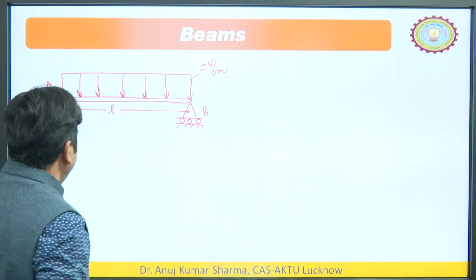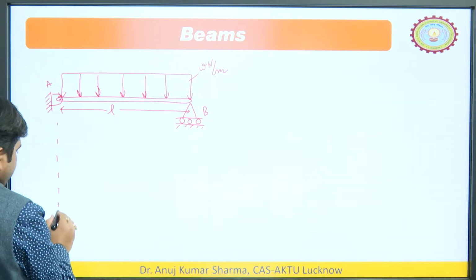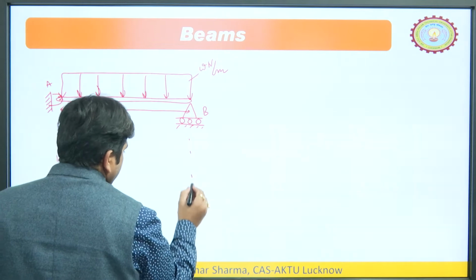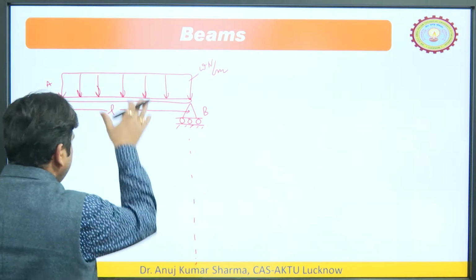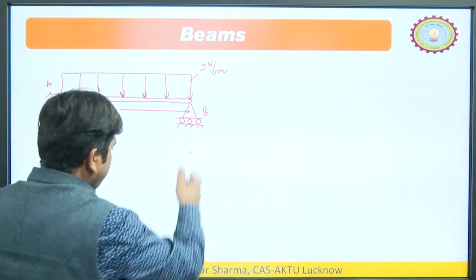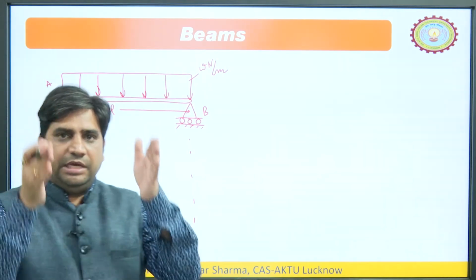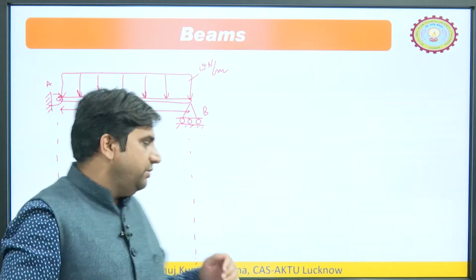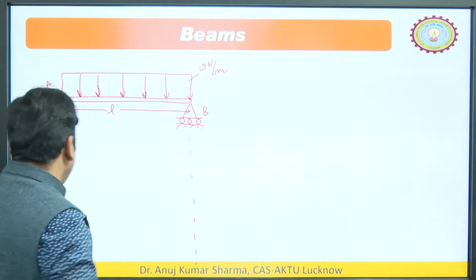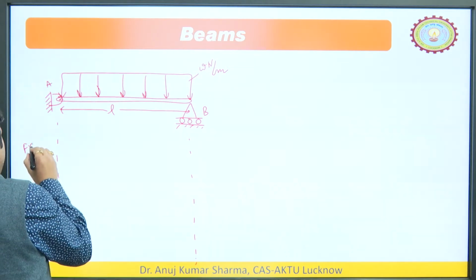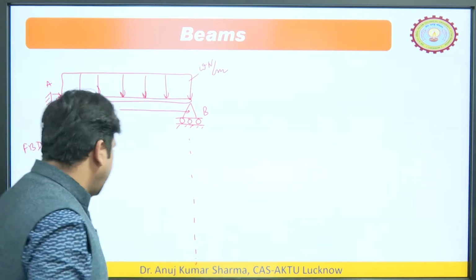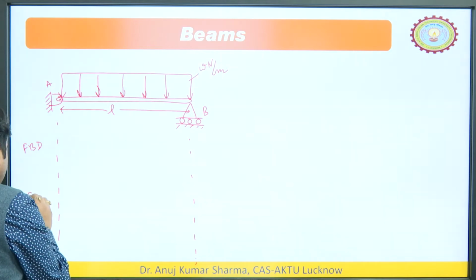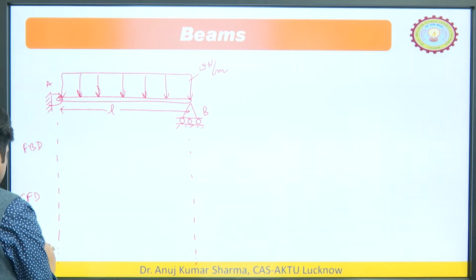Now what you can do? You draw the free body diagram. Believe me, the methodology which I am using, you should use this: you keep the portion which is below the beam empty. First draw the free body diagram here, then when we come to the topic shear force diagram and bending moment diagram, draw the shear force diagram here and bending moment diagram here.